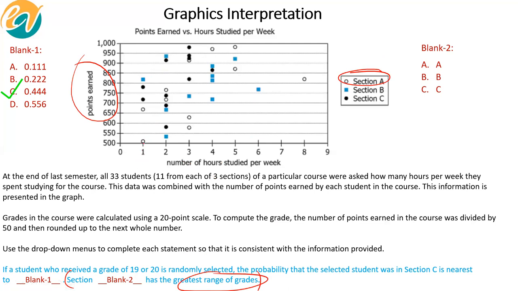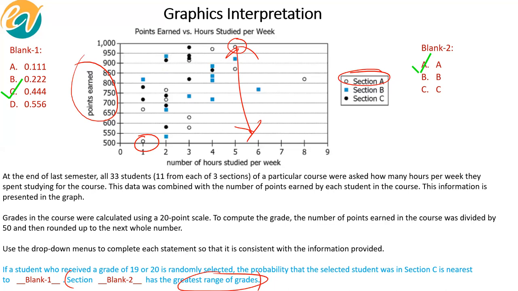So students of section A have scored very few points and have also scored a significant number of points. So the range is clearly the maximum for section A.